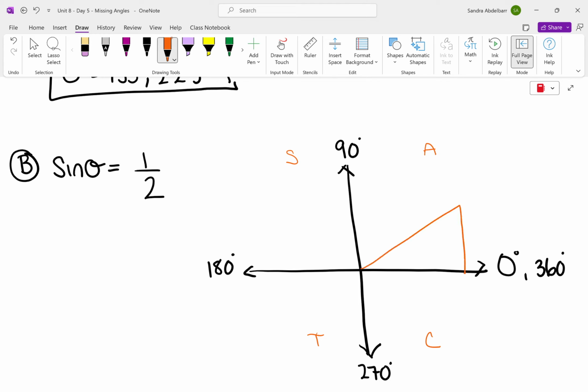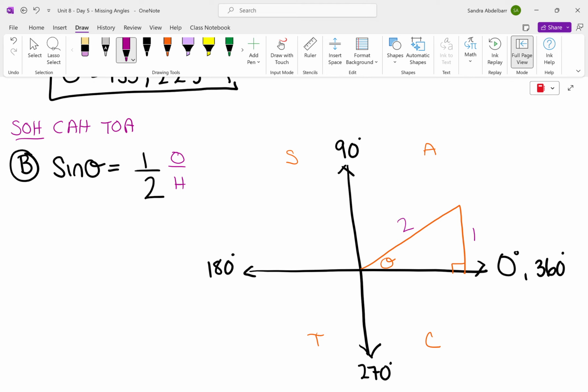I'll go to quadrant 1 first. We always call theta the angle coming from the origin. And based on SOHCAHTOA, isn't sine the opposite over the hypotenuse? So here's my theta. Opposite theta is 1.